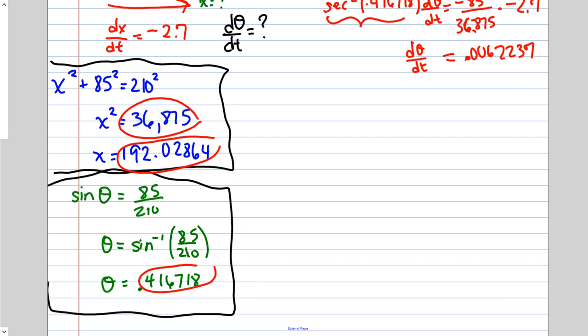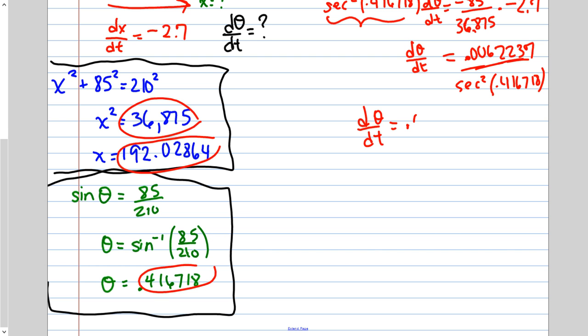Multiplying that to the other side, or dividing, divide by secant squared of 0.416718. So basically d theta dt equals this.